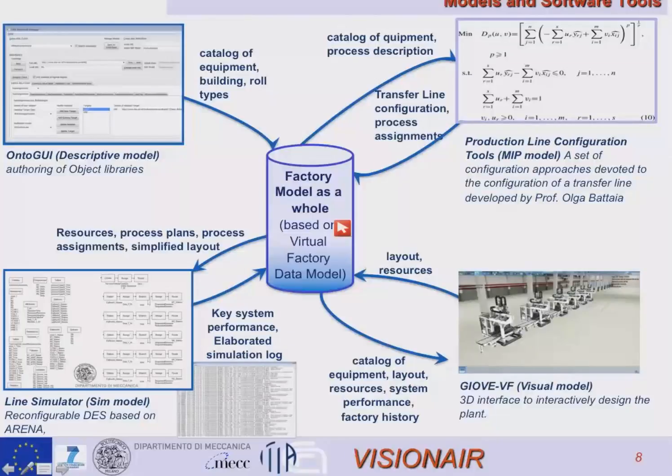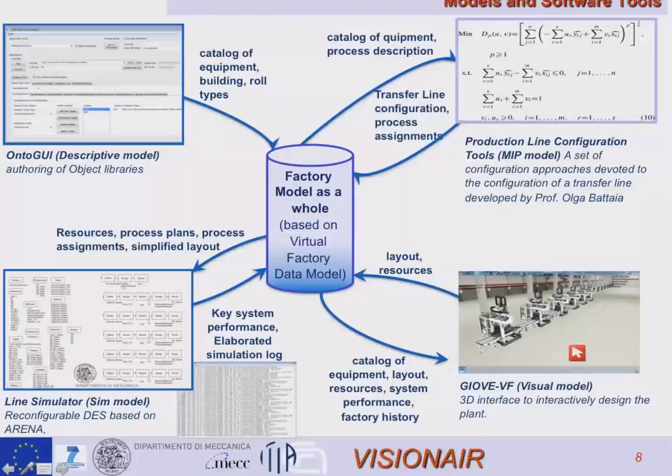Then, given this, we can read into the virtual factory data model and set up a simulation, a discrete event simulation model that evaluates the performance and provides some key performance indicators like the flow time, the saturation of the different workstations, what is the production rate of the transfer line, the work in progress, and so on.